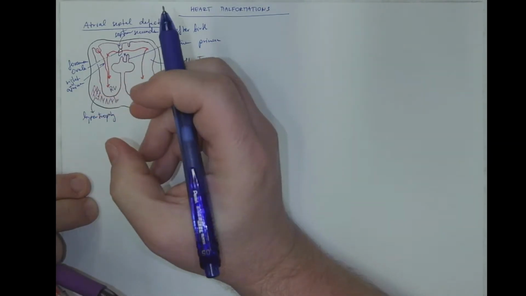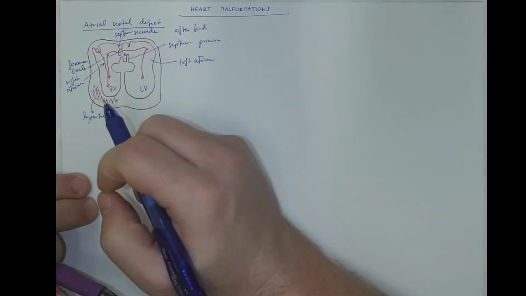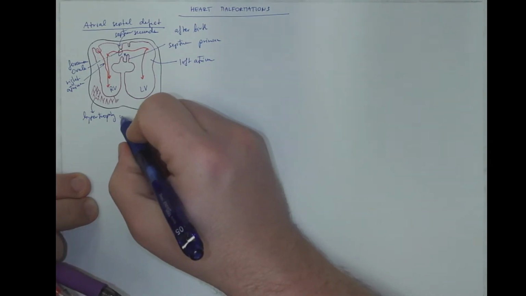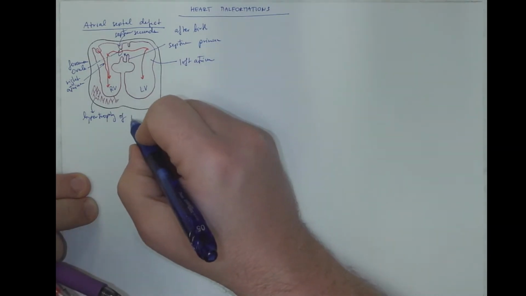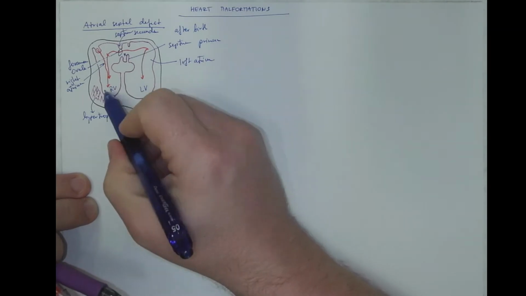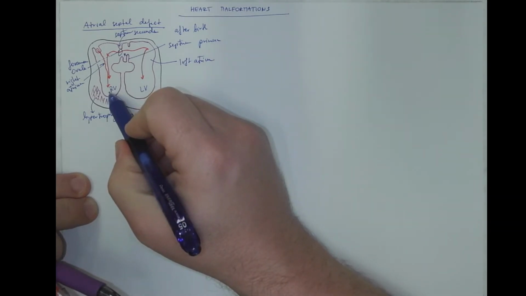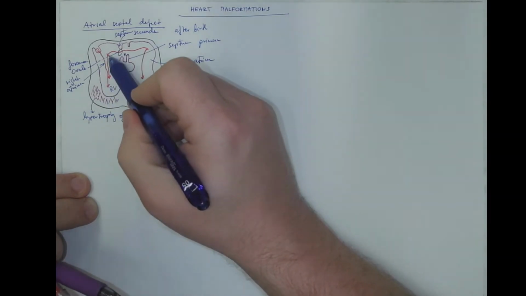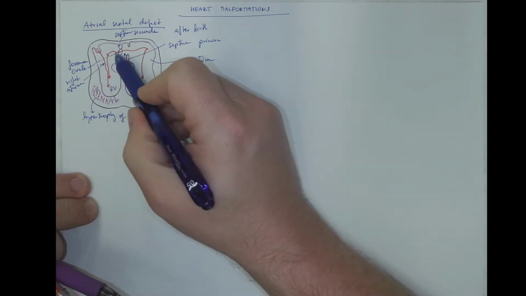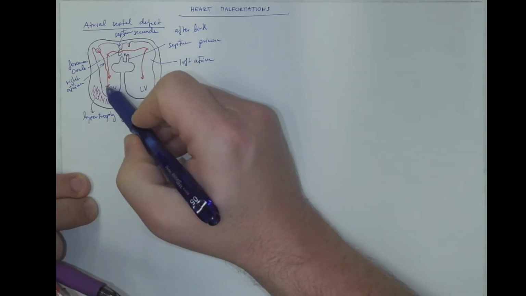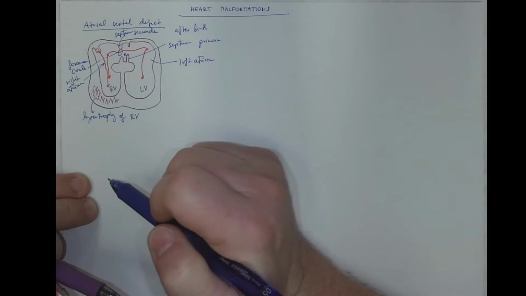Hypertrophy means increase in size and thickness. Because the right ventricle is overloaded by too much blood coming into it.